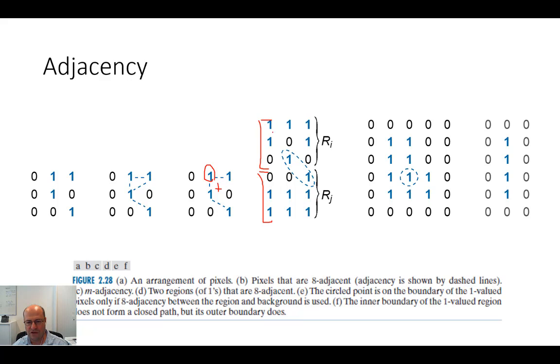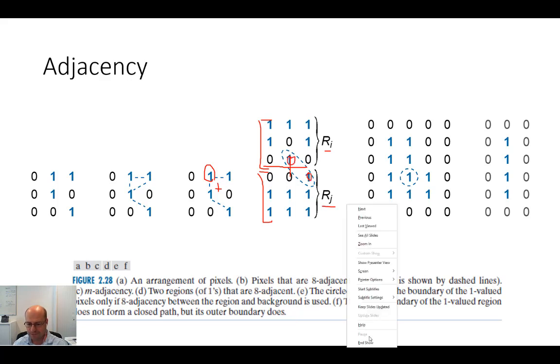If I ask you whether this region Ri is 4 adjacent to the region Rj, you'd say no, because there is no connection with 4 adjacency here, but it is indeed M adjacent, because there is a pixel here in a diagonal to the other pixel on the region, and there is no intersection between the 4 adjacencies of this pixel to that pixel. Okay.